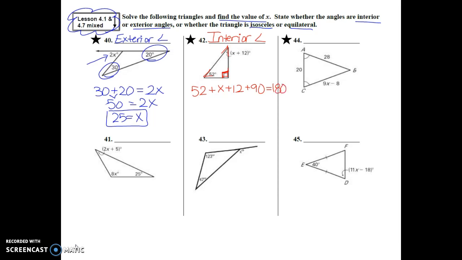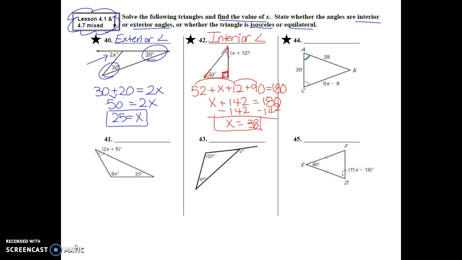Adding up the numbers that I have there, 52 plus 12 plus 90 gives me a grand total of 142 equals to 180. Take away the 142, and I get x to be 38 degrees. X to be 38.